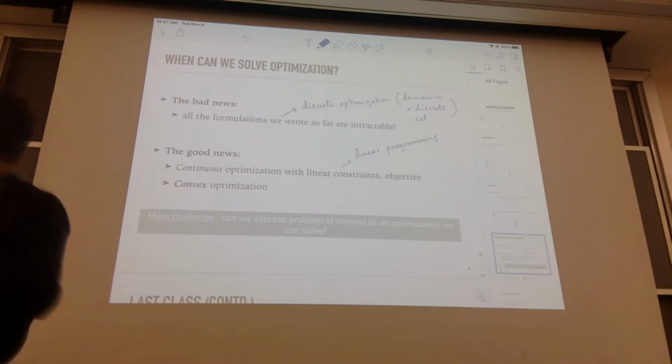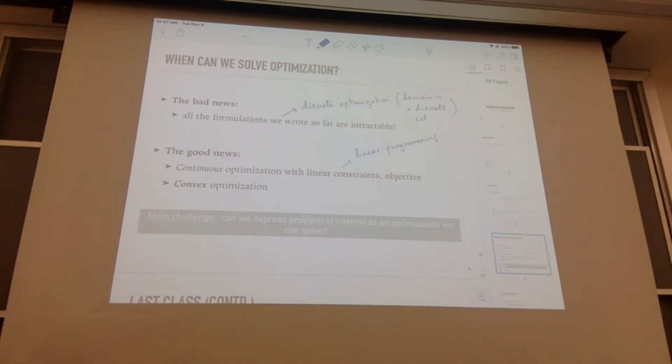There are caveats about how big the feasible set is and how large your gradients are and so on. But for all practical purposes, this is efficient.